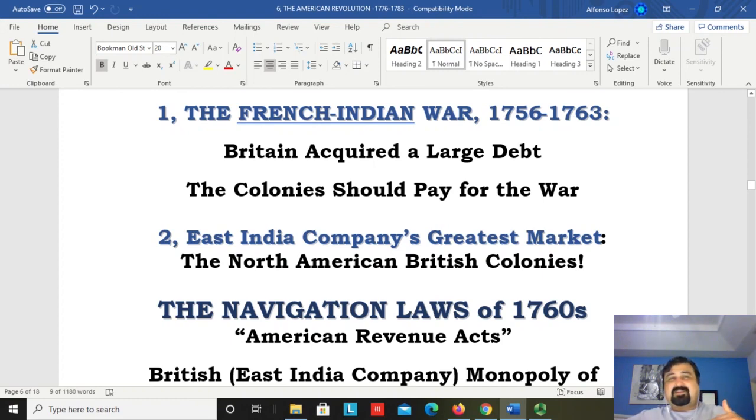Again, East India Company was willing to sell it very cheaply in the colonies, just so they could sell all their tea from their warehouses. What they want to do is move this product as quickly as possible. They want to send all this product to North America, send it very cheaply, but in this process, they're going to displace the colonial merchants. They're going to drive them out of business, in other words.